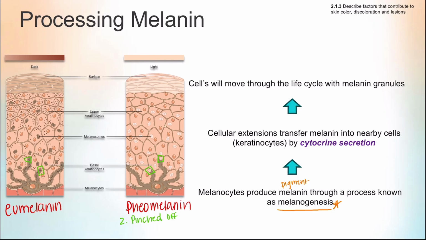In our eumelanin, we are going to see a little different bit of a process. So in our pheomelanin, we are actually pinching off the end of it. But in our eumelanin, we are going to secrete our granules of pigment through something known as exocytosis, or also known as release.